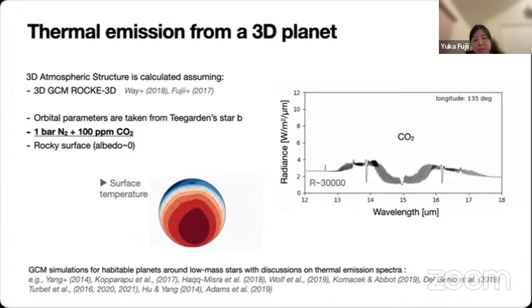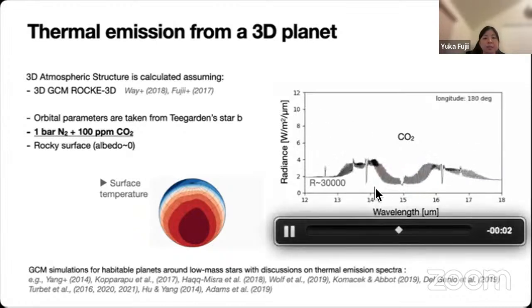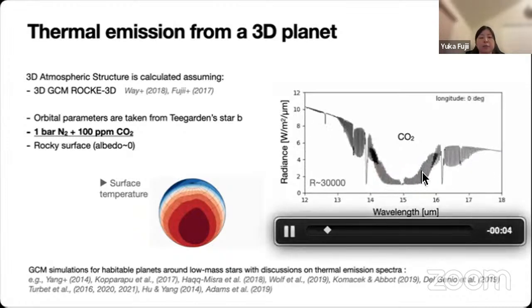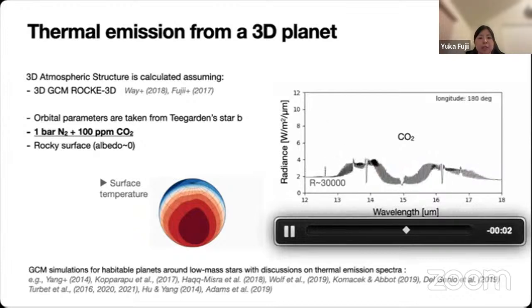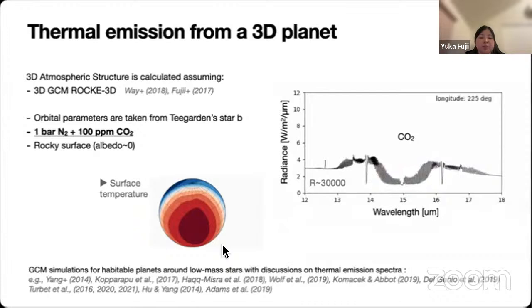In this case, the planet is tidally locked, so there is a permanent day side and a permanent night side. This shows the time evolution of the thermal emission spectra as it rotates around the star. The permanent day side is very hot, and the night side is dark.